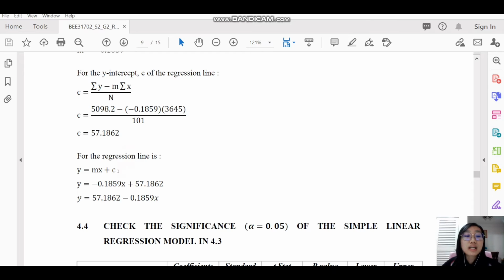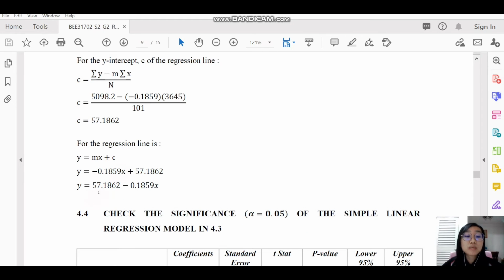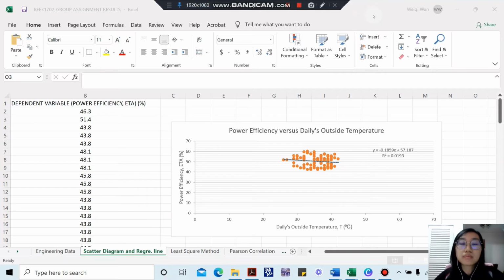Therefore, the regression line is y equals mx plus c, and we will get y equals 57.1862 minus 0.1859x. The regression line that we get from the manual calculation is almost the same as the result that we get in Microsoft Excel. And I will pass the explanation to Hafiza.